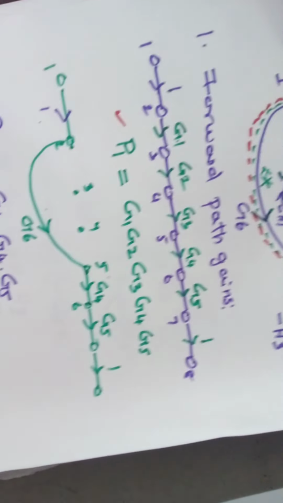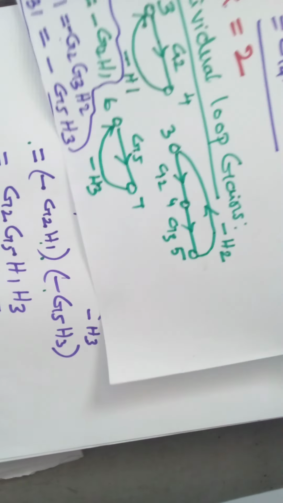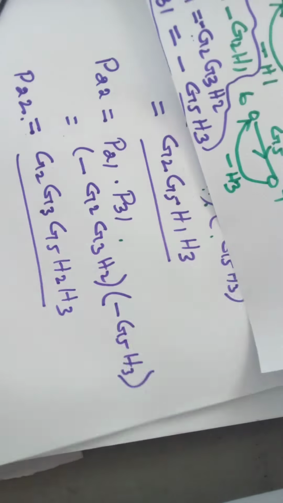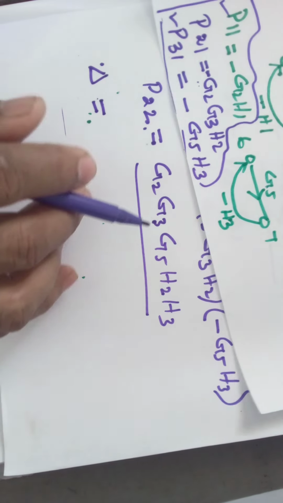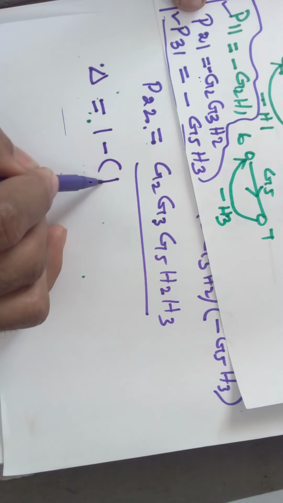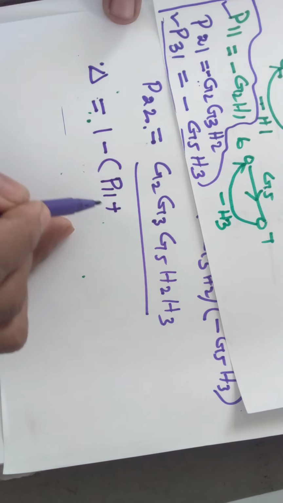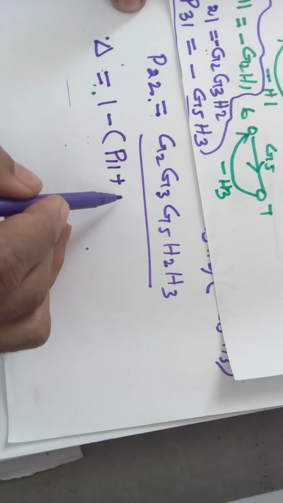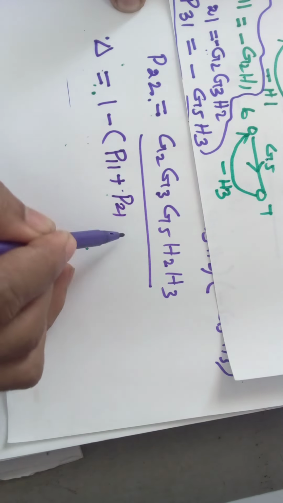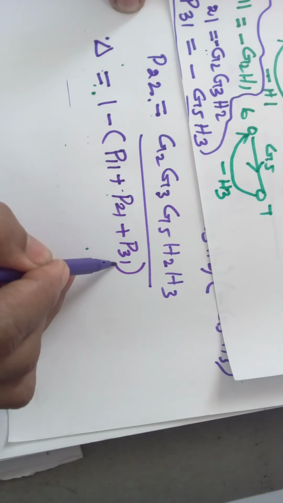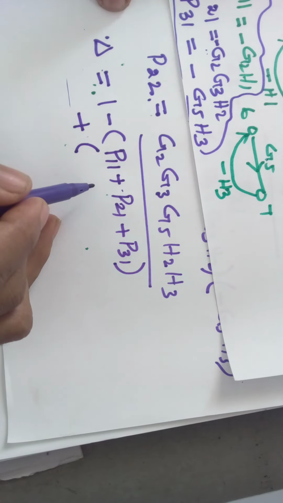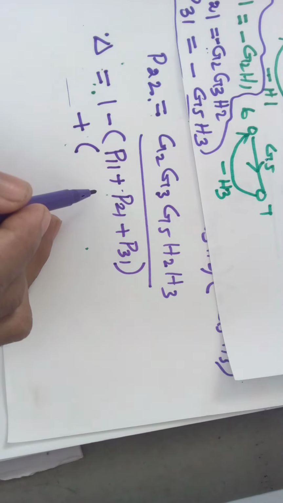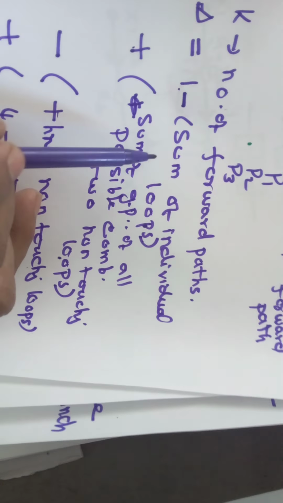Now let us see the calculation of delta. We need to calculate the delta function. How to calculate the delta? The formula to calculate delta is equal to 1 minus the sum of the gain products of forward path gains P11 plus P21 plus P31, next plus the sum of all possible combinations of two non-touching loops.